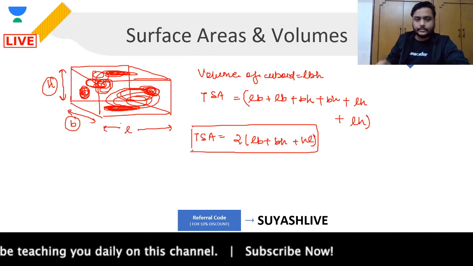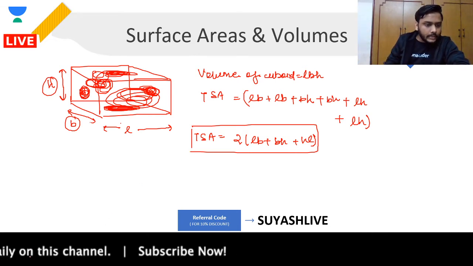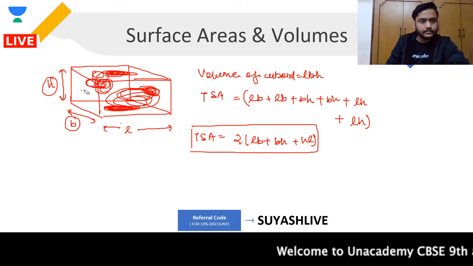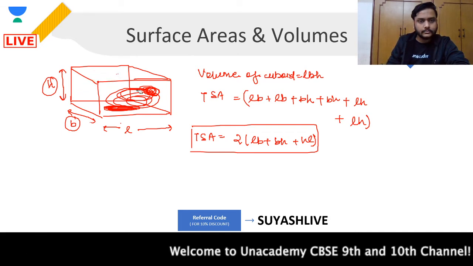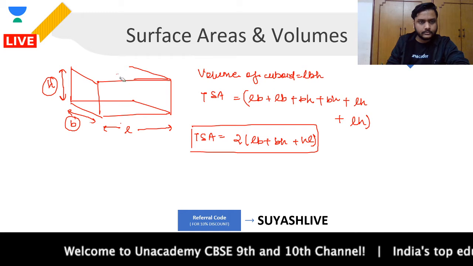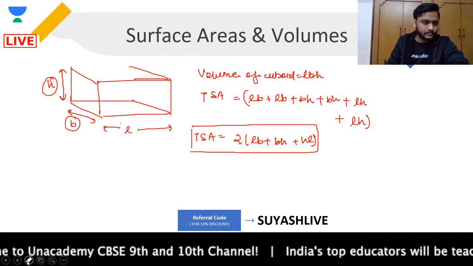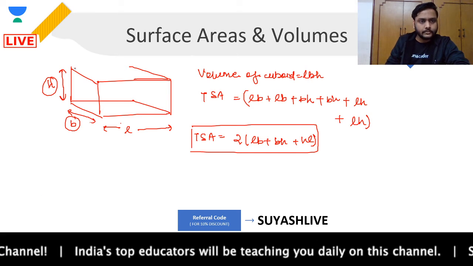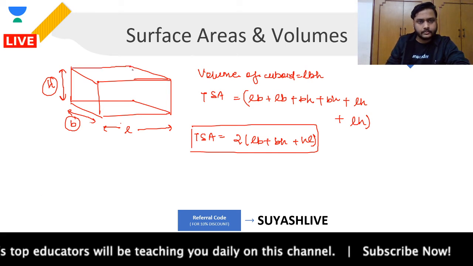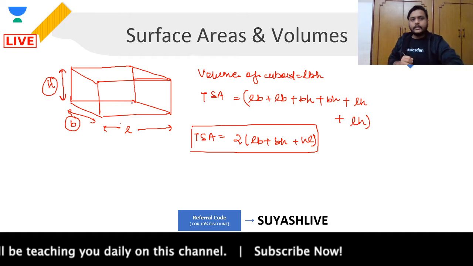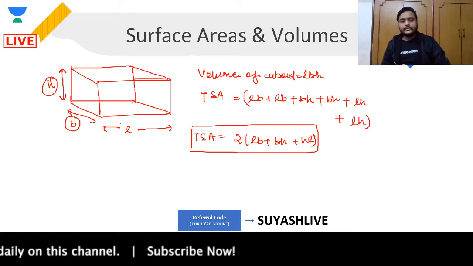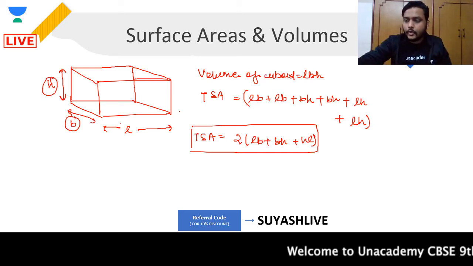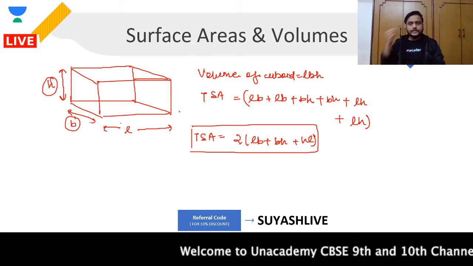Now understand the next thing. Now guys, if I'm talking about only the lateral surfaces, you all must be sitting in a room right now. I'm damn sure you all must be sitting in a room.